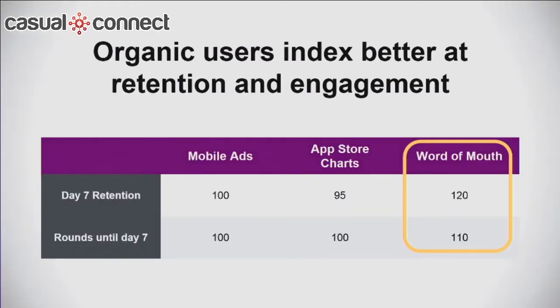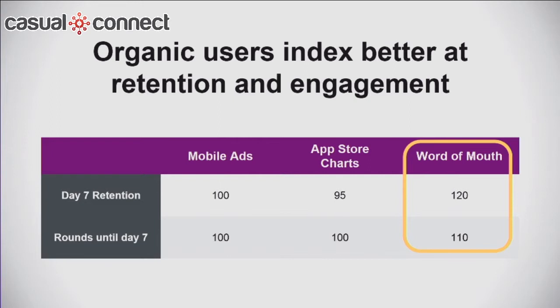The next part is we looked at the people answering these polls and tracked that back into our player information database. We looked at how much they play, how long they retain, how much they spend. And actually people who self-report as coming from word of mouth over-index on retention and engagement.